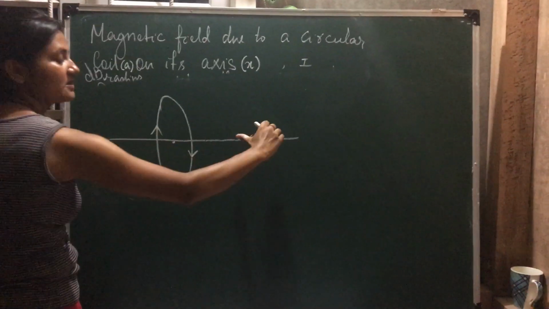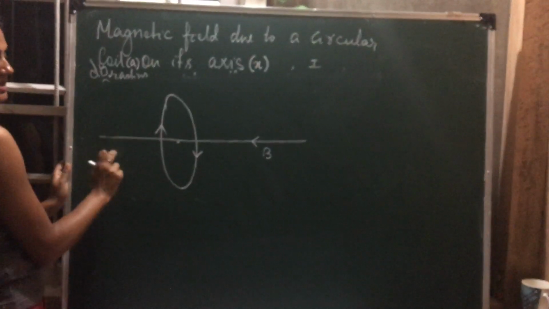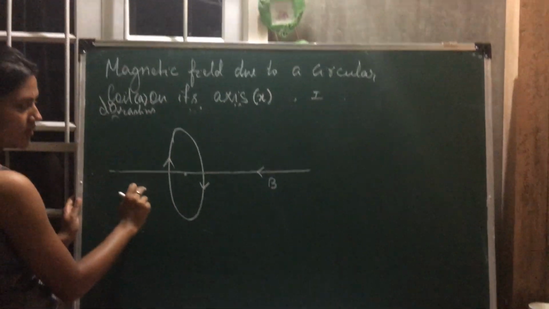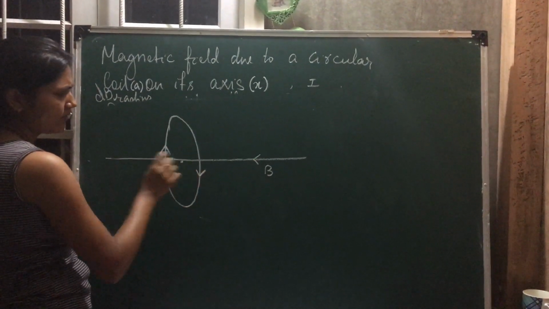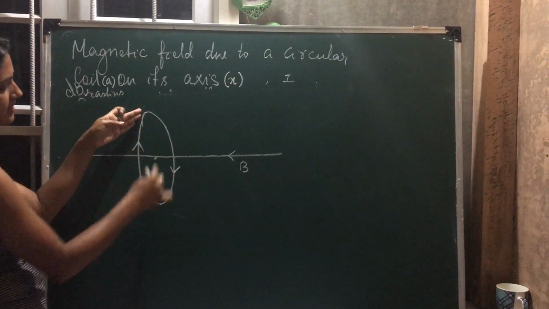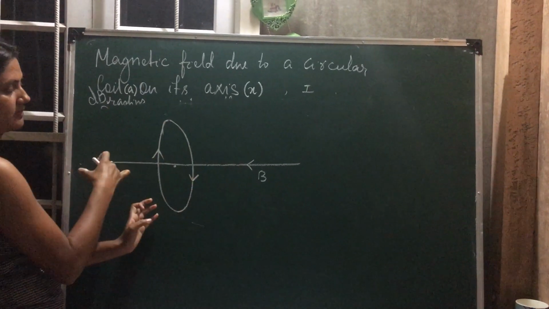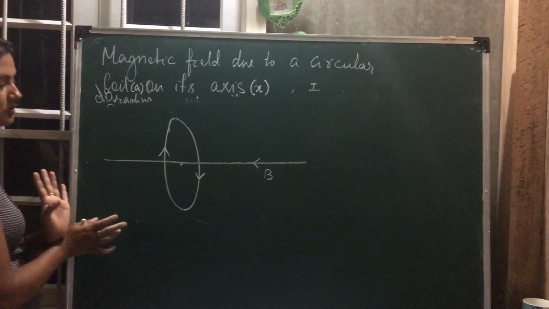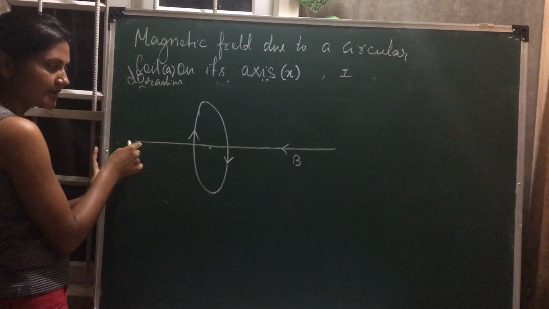The magnetic field is going in this direction. This is a very, very important result. Why is it so? Because we have seen that one component and the other component combine and add up. I'm not going to say any more. The magnetic field is directed one way.